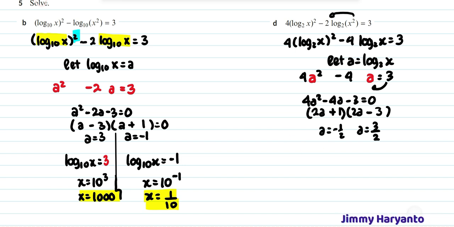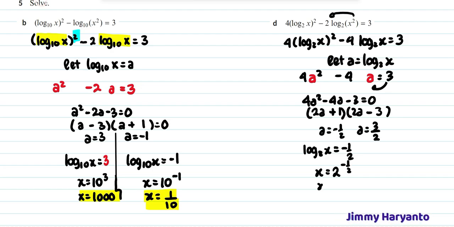We have to find the x first. Convert the a back to log 2x equals negative half, and then move the log 2, you'll have 2 to the power of negative half. x equals, how much is this? 2 to the power of negative 0.5 equals 0.707.